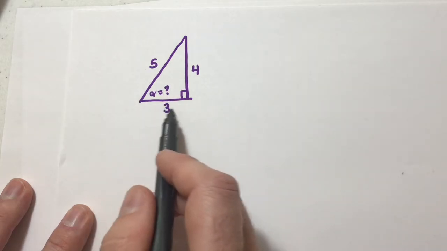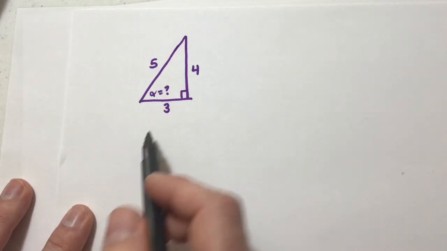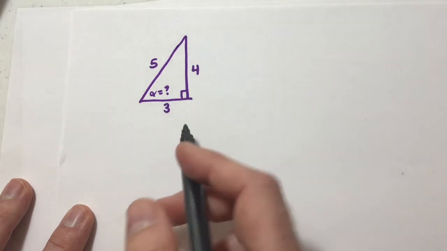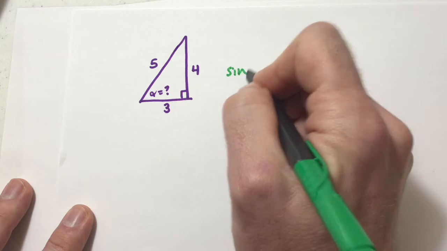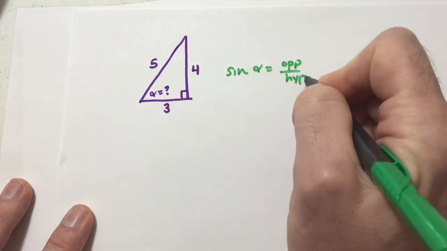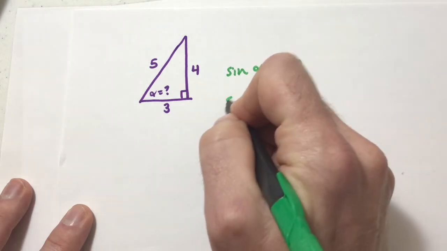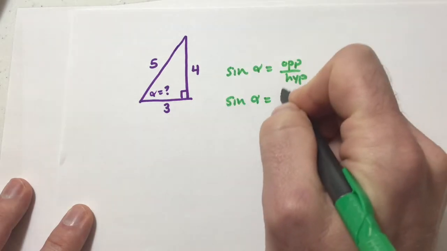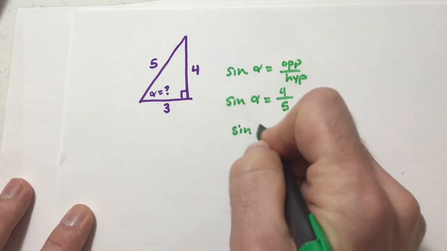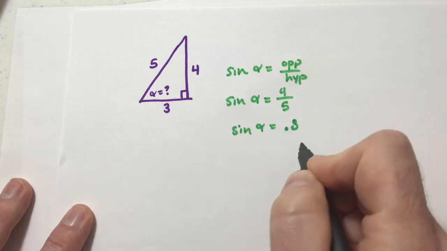I know cosine would be adjacent over hypotenuse, or I know tangent is opposite over adjacent. I think I'll just use sine. Sine of alpha I know is opposite over hypotenuse. And so that means the sine of alpha in this case is 4 over 5, or as a decimal, 0.8.